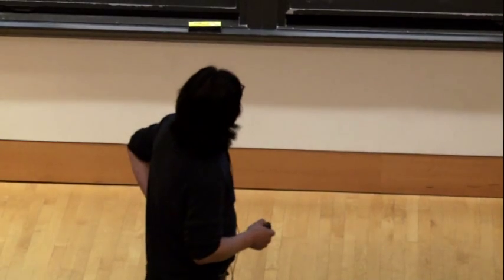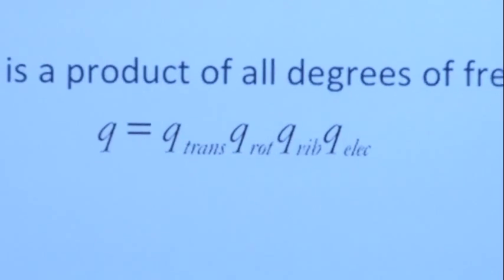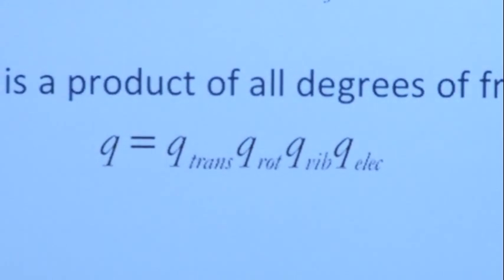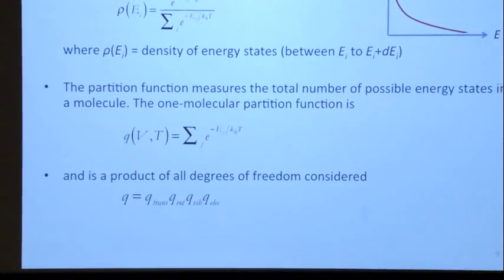It keeps accounting for the number of ways we can distribute the energy in a molecule. And of course, this is statistics. If I have 5 ways to distribute my translational energy, 10 ways to distribute my rotational energy, then I must have a total of 50 ways, 5 times 10 ways, of distributing this energy.